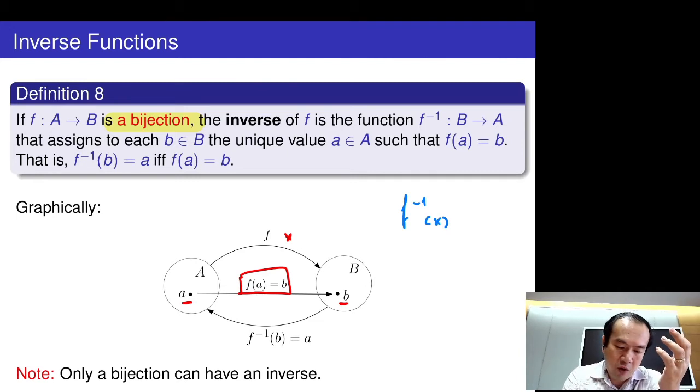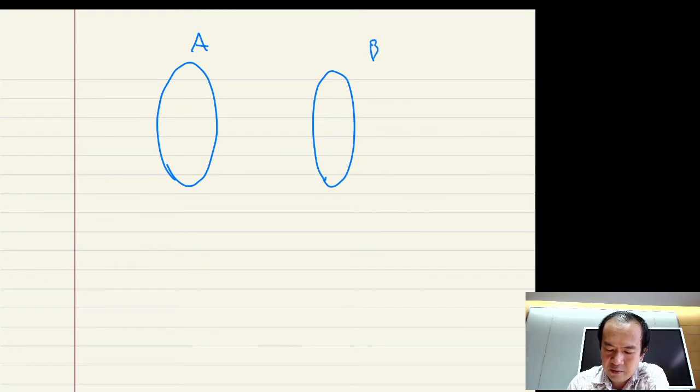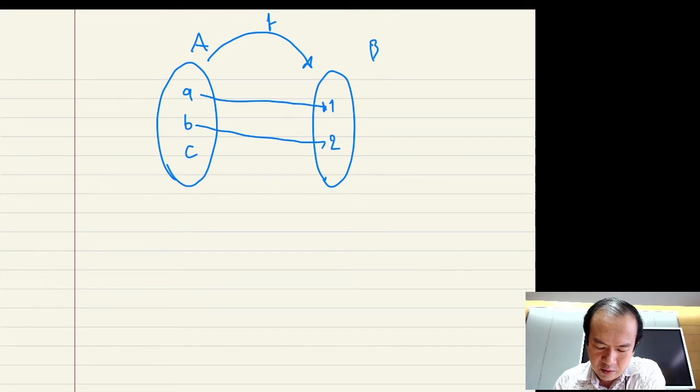Okay, the reason why it needs to be one-to-one and onto is because, let's just say that you have a function f that maps from, let's say, a set A to a set B. Let's say A has a, b, c, and then B has 1, 2, 3. So for one-to-one and onto, you would probably have something like this: a to 1, b to 2, c to 3.